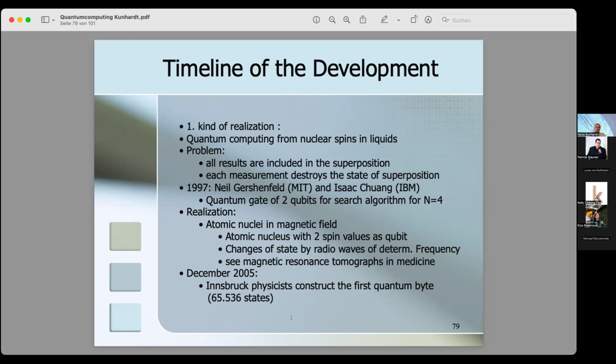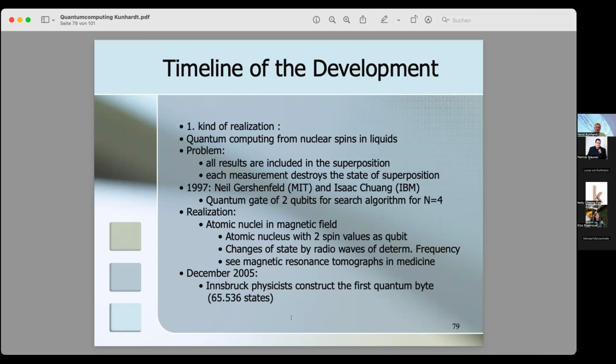And you can see on the timeline that 1997, Nick Gershenfeld from MIT and Isaac Chuang from IBM implemented the first quantum gate with 2 qubits, and they implemented the search algorithms for n equal 4. So the realization was atomic nuclei following this NMR model.